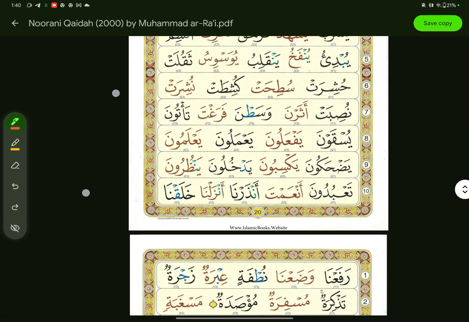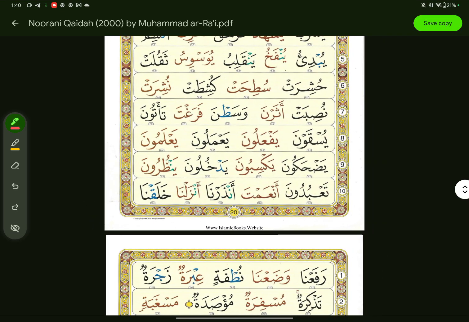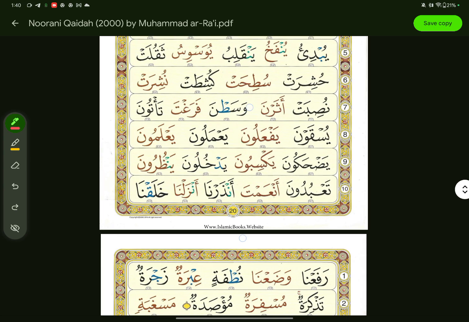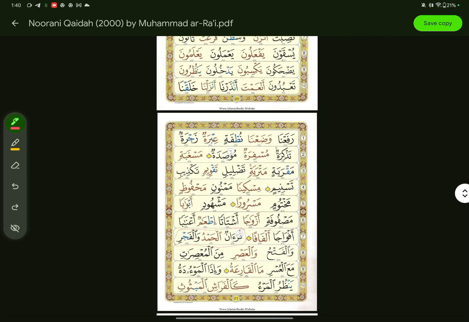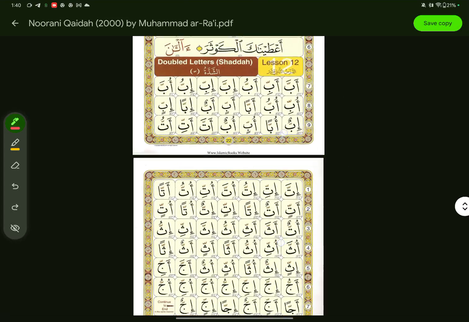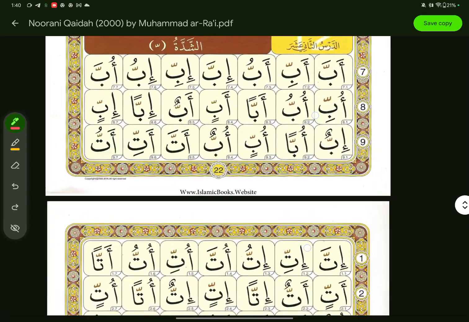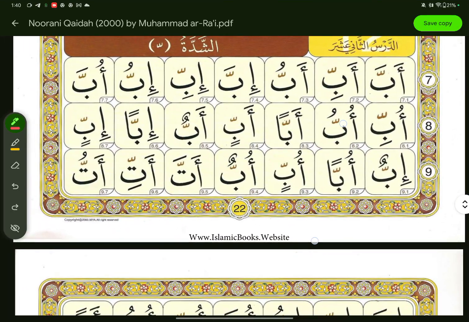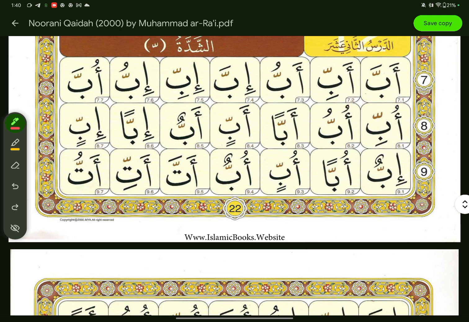This is essentially more of the same, just with longer words. So we're going to move on to the next lesson here, which is shadda, where we left off yesterday.